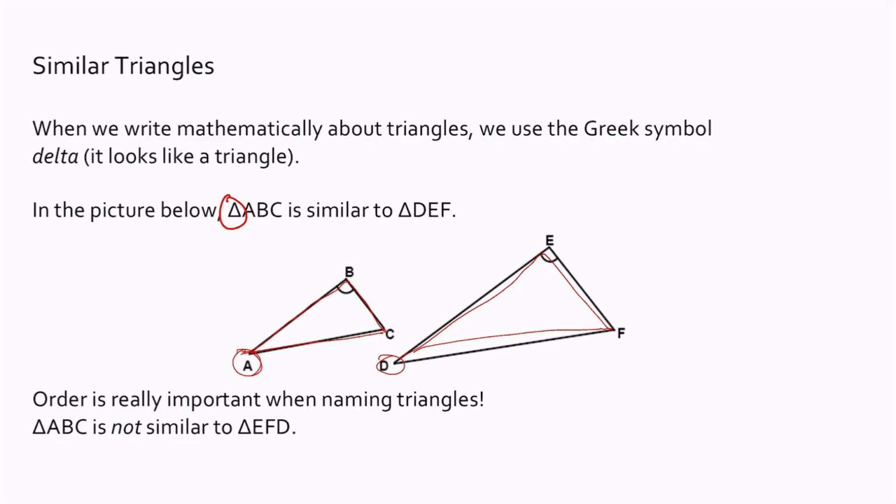So notice I said A, B, C. So I went from here to here to here. It's similar to D to E to F. Triangle ABC is not similar to triangle EFD. So that's important, and it might seem confusing right now, but we'll get to a point where it'll make more sense, hopefully.